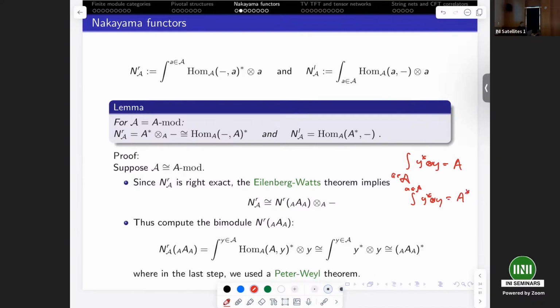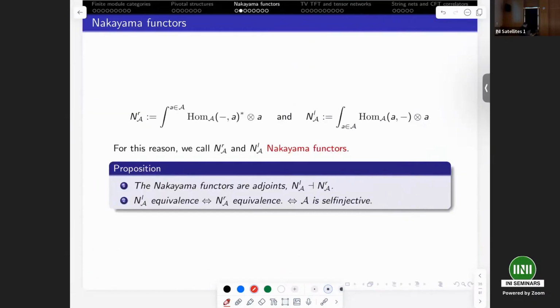So you get the dual, and this is the functor which is obtained by tensoring with the dual. And we have this whole business of Nakayama functors in a nice conceptual framework independent of algebras. Good. So it's also appropriate now for the Nakayama functors.